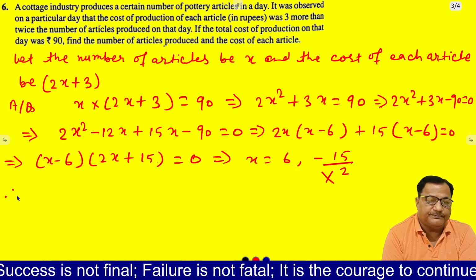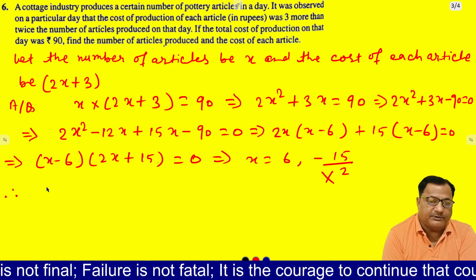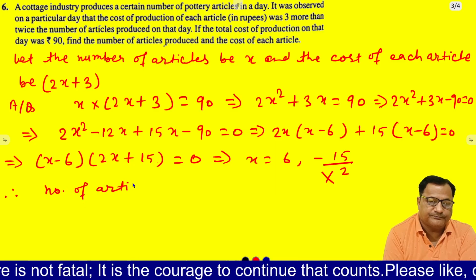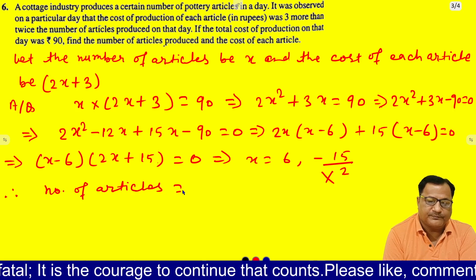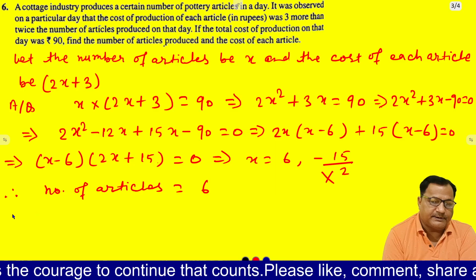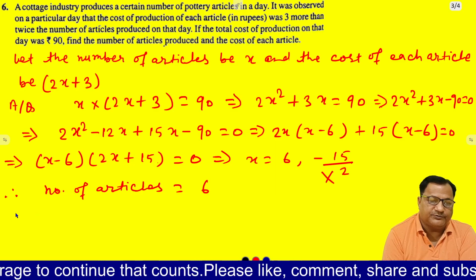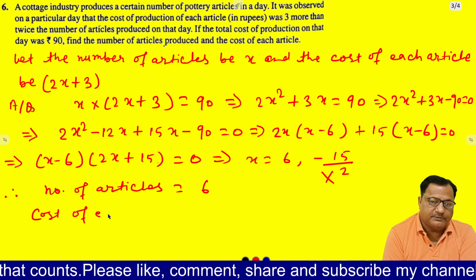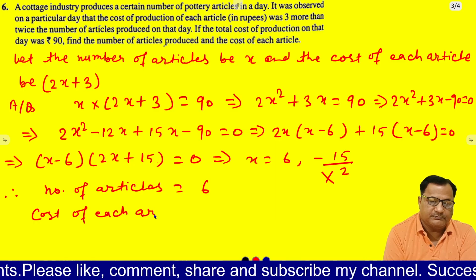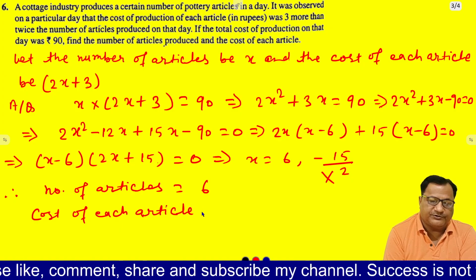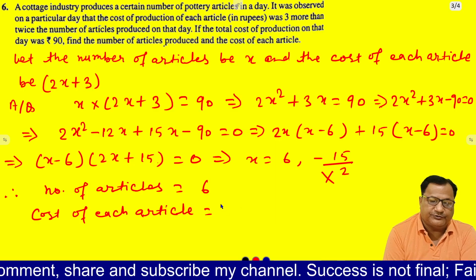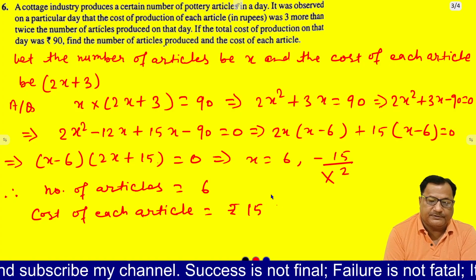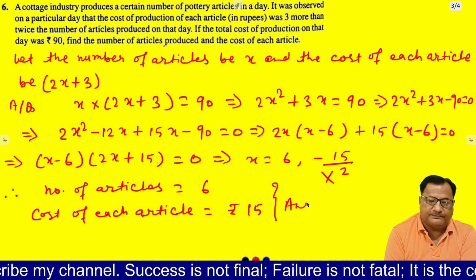So the answer will be: number of articles is equal to 6 and cost of each article is equal to 2 times 6 plus 3, that is 15 rupees. This is the answer.